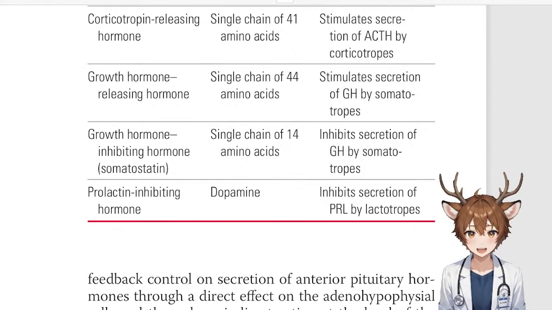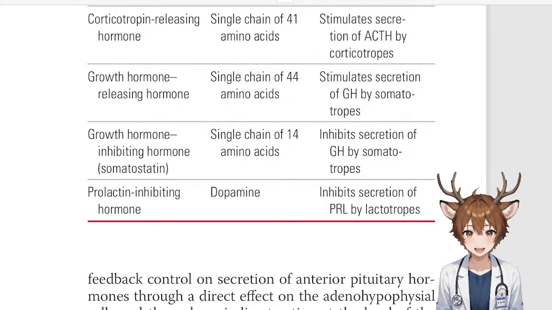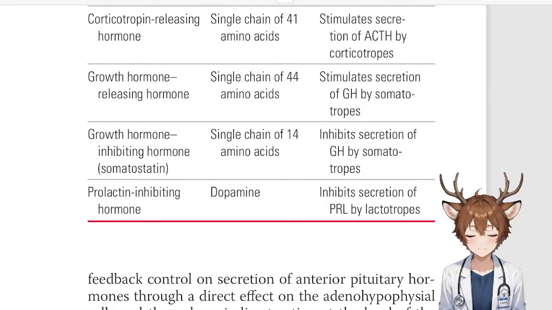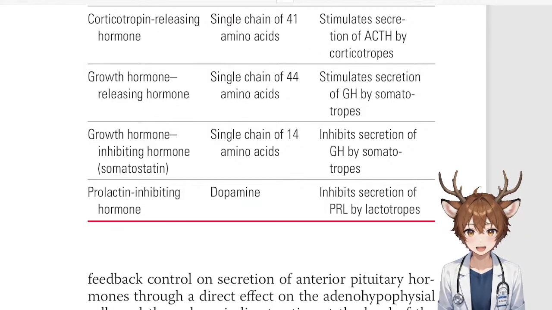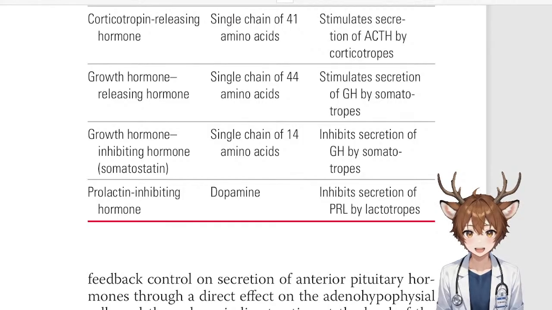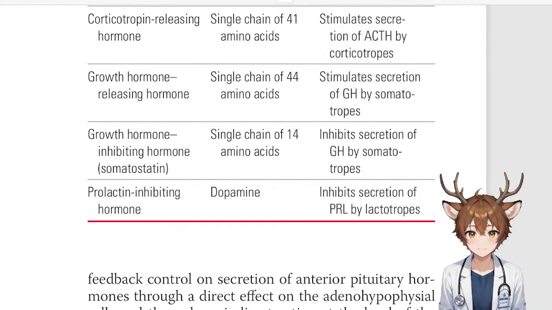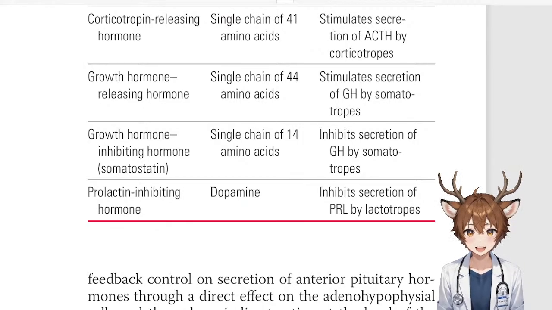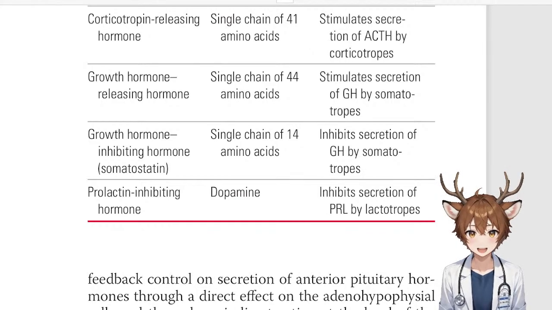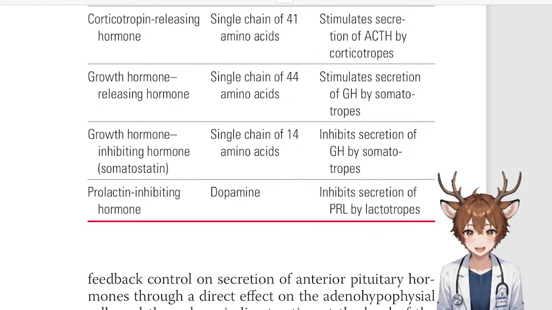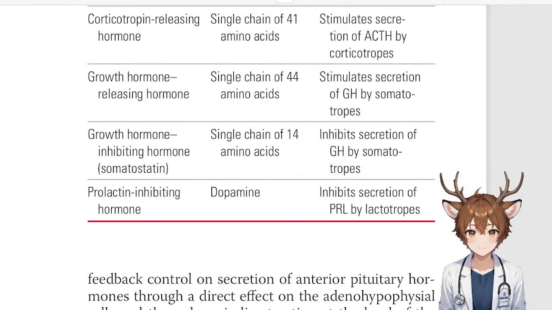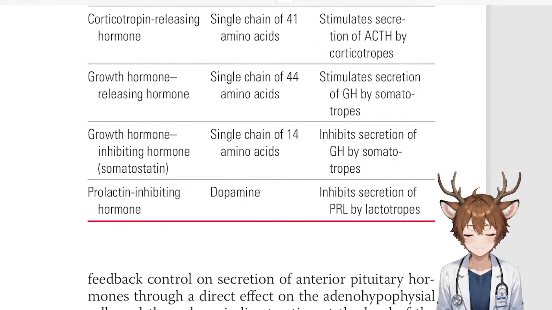And there's also, by the way, drugs that mimic this as well. Anyway, single chain of 14 amino acids, inhibits secretion of growth hormone by somatotropes. And again, there are molecules that resemble somatostatin, and I want to make sure I'm not confusing these with something else. So let me just confirm. Yes, octreotide is what I wanted to confirm.